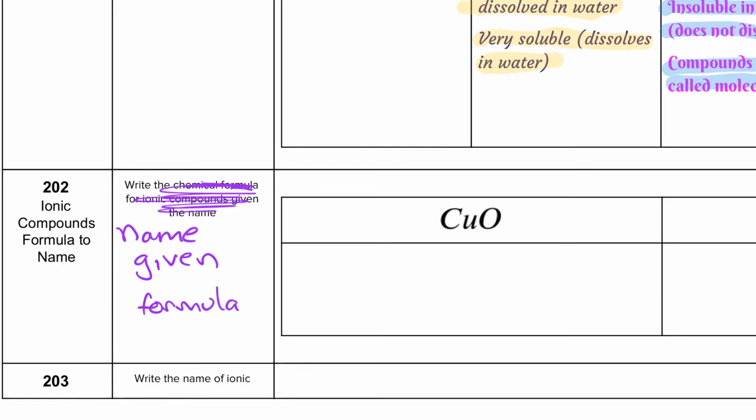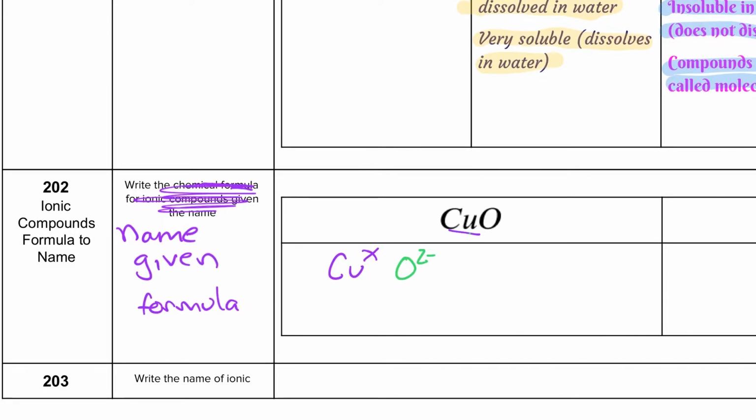So CuO. How we do that is Cu is our cation, but copper is a transition metal. We don't know its charge, so we're going to put a little X. And then we have oxygen. Oxygen has a fixed charge, so its charge is always 2-.